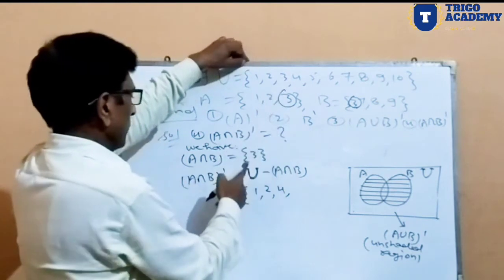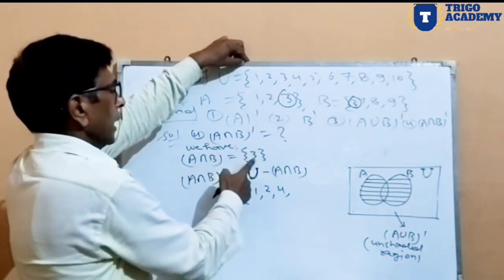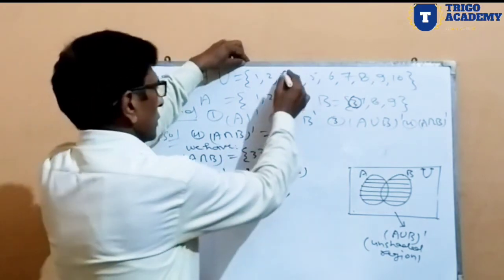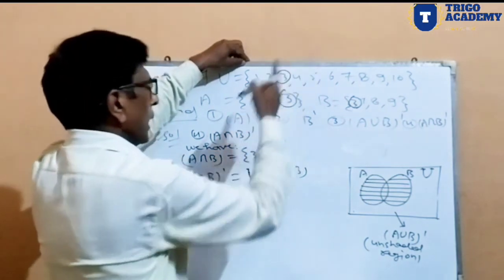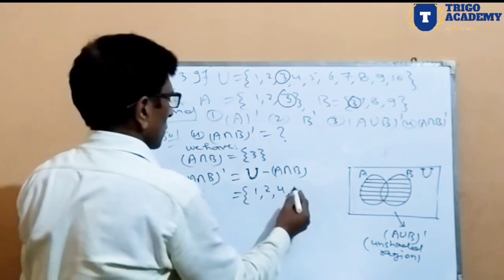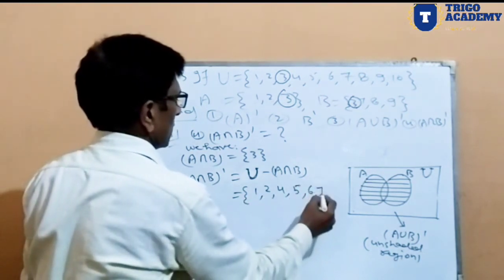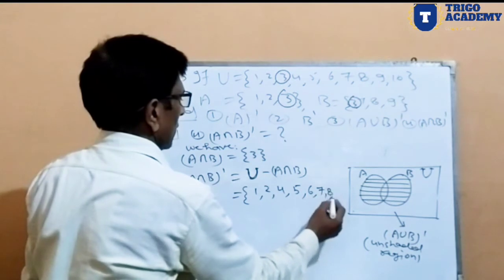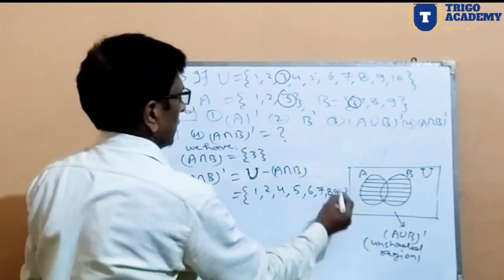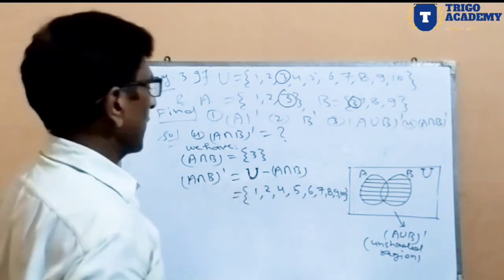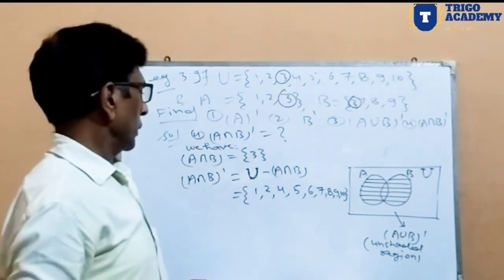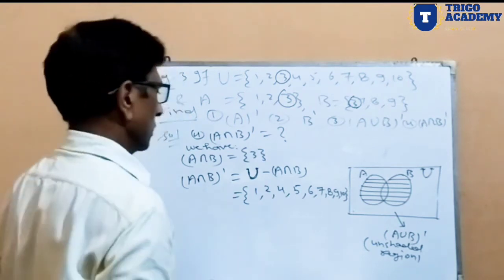We remove the elements of A intersection B. Inside A intersection B only element 3 is there, so we remove element 3 from U. So 1, 2, 4, 5, 6, 7, 8, 9 and 10. So these elements will be the elements of (A intersection B)'.